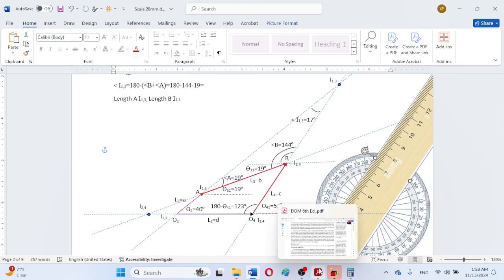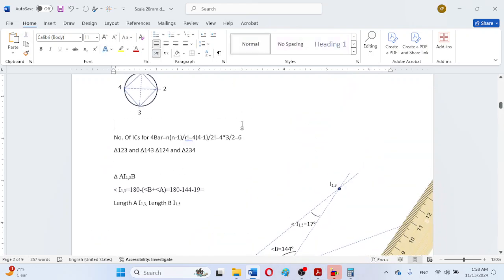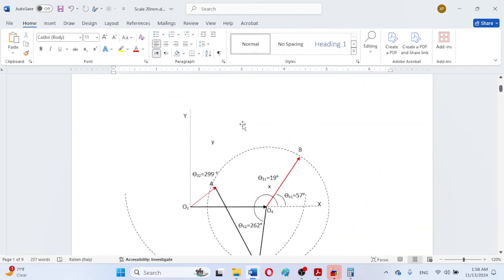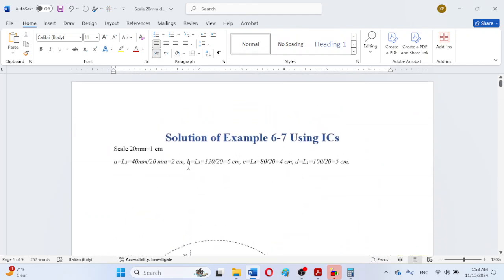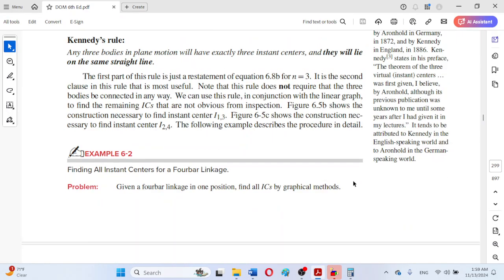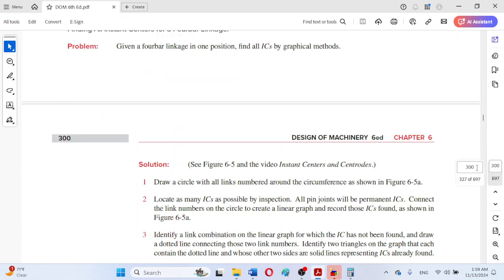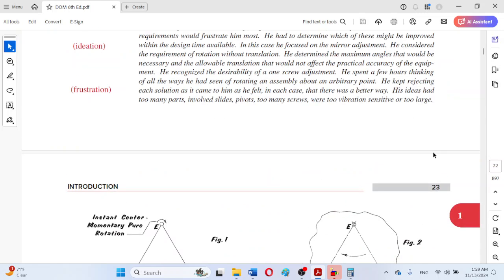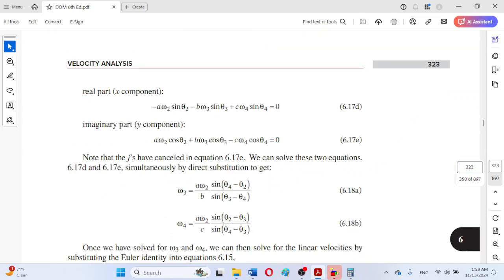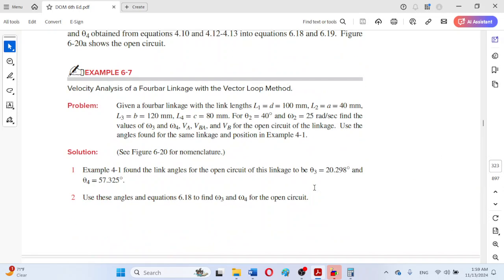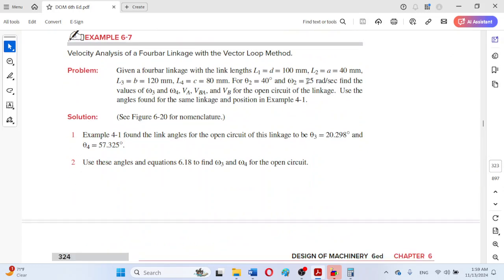As we can observe in the problem statement, the angular velocity omega that was given in the example on page 323, as we had observed, was counterclockwise.